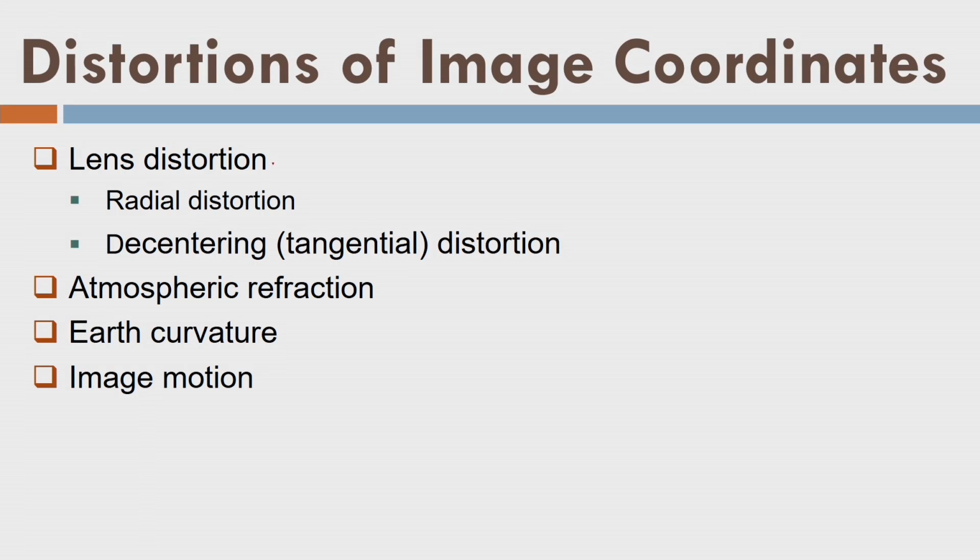These systematic errors are because of lens distortion, atmospheric refraction, earth curvature and image motion. We will go one by one and try to understand the importance of each error and how to correct image coordinates. So let us start with that.